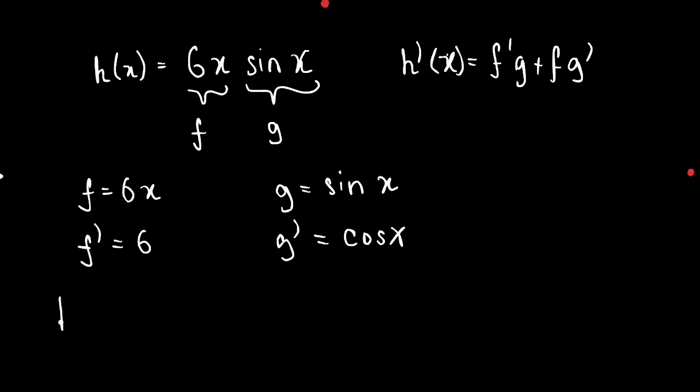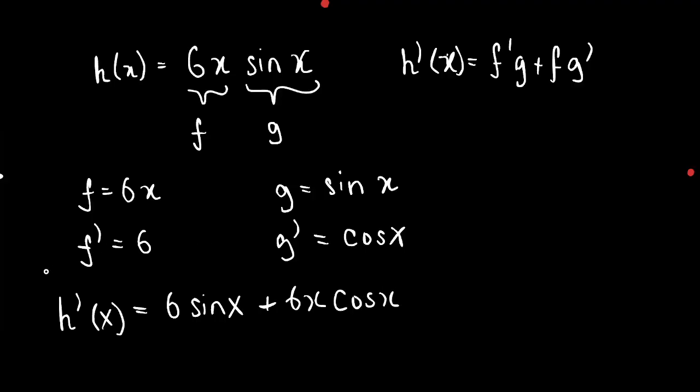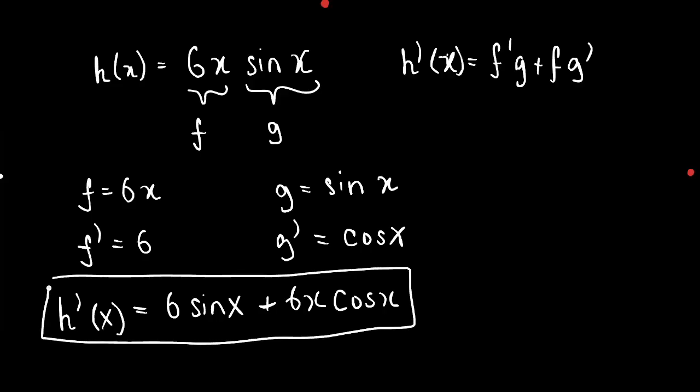That means that our h prime of x is going to be equal to f prime, that is 6, times g, which is sine of x, plus f, which is 6x, times g prime. G prime is cosine of x. And this is going to be our answer. The derivative of our function 6x times sine x is going to be 6 sine x plus 6x cosine x.